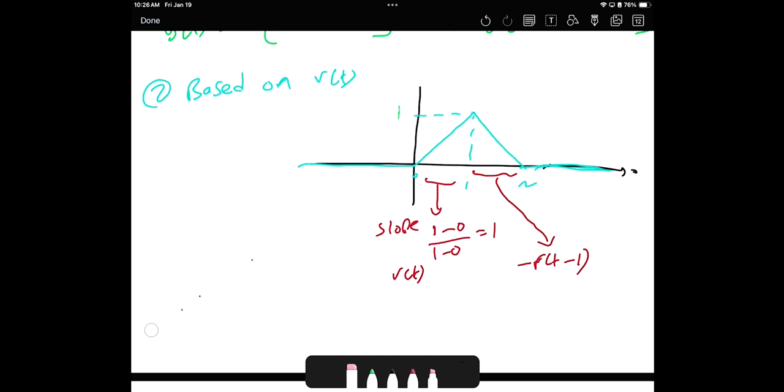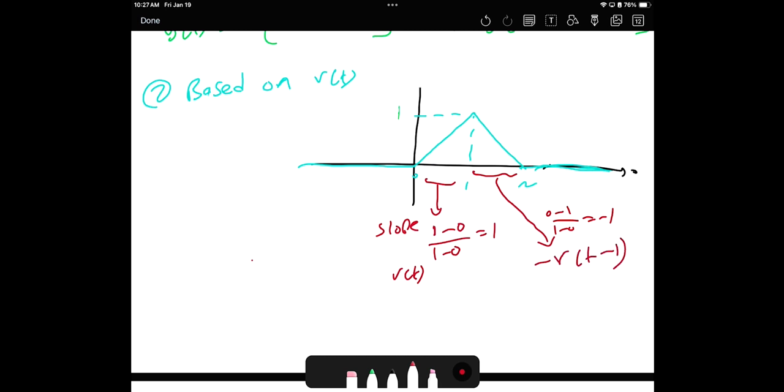Or, I will say, look at the slope. The slope here is 0 minus 1 over 1 minus 0, so the slope is negative 1. Okay. So, we would like to make R negative. So it should be negative R of t minus 1.